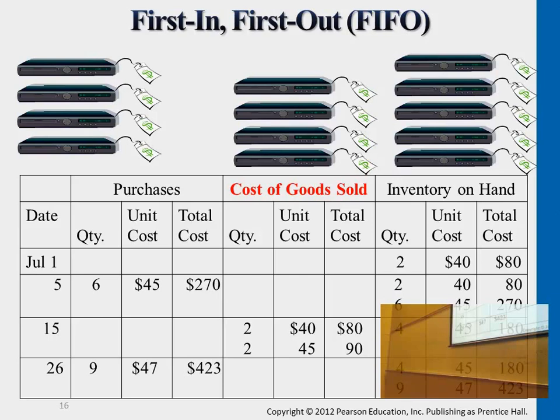All right, I'm going to ask you to calculate these four numbers, add them together, and tell me what it is. Cost of goods sold, these two, and inventory on hand, these two. If you add them all together, tell me what the number is.